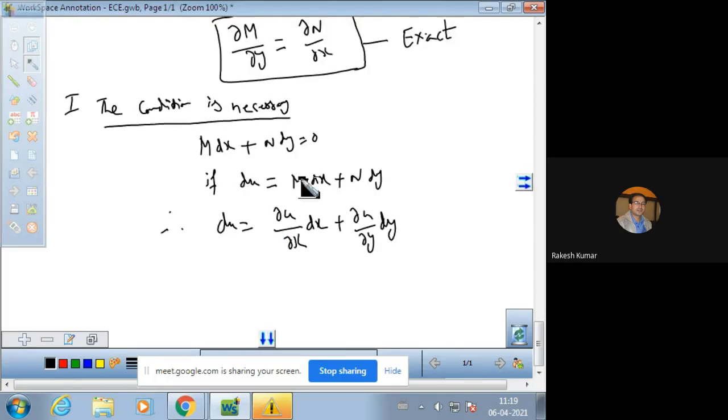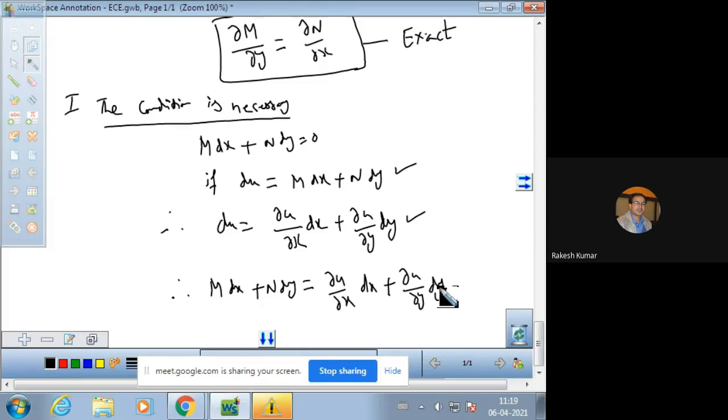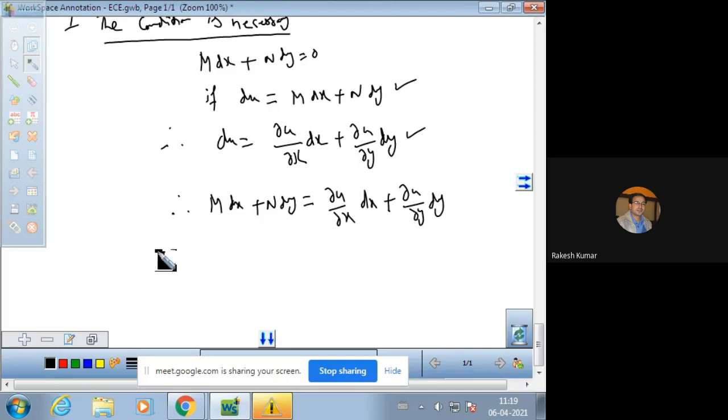Now, du is equal to this equation and du is equal to this. So, on comparison, we should have M dx plus N dy is equal to del u by del x dx plus del u by del y into dy. Now, equating the coefficients of dx and dy, you will have M is equal to del u by del x and N is equal to del u by del y.